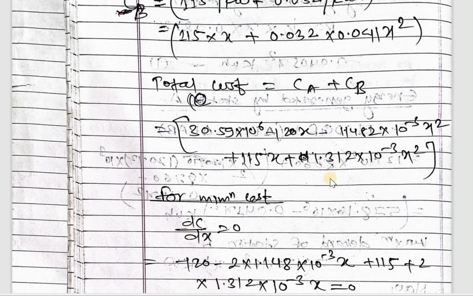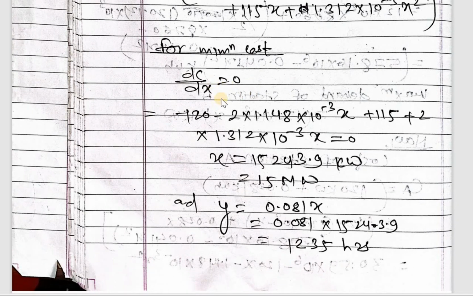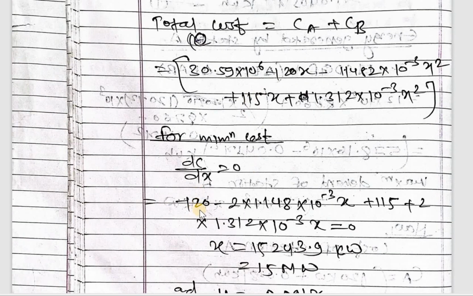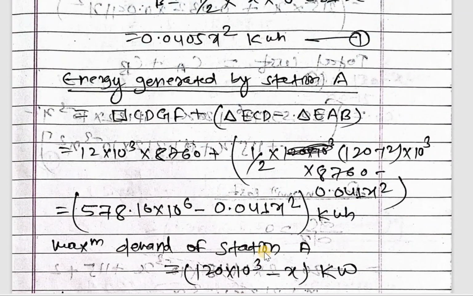For minimum cost, dC upon dX equals 0. For minimum cost, the first derivative equals 0. Then we can get minus 120 minus 2 into 1.48 into 10 to the power minus 3 X plus 115 plus 2 into 1.31 into 10 to the power minus 3 X equals 0.